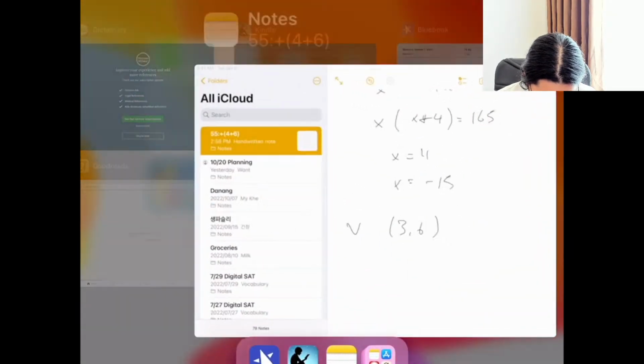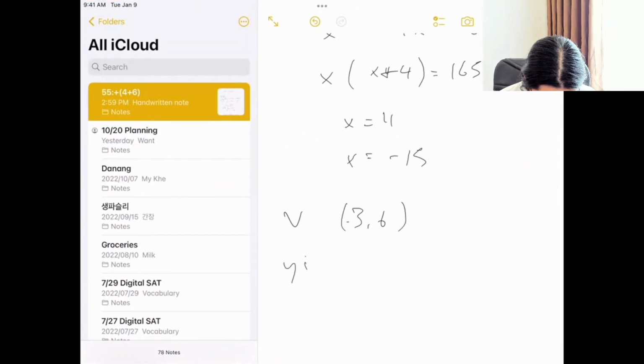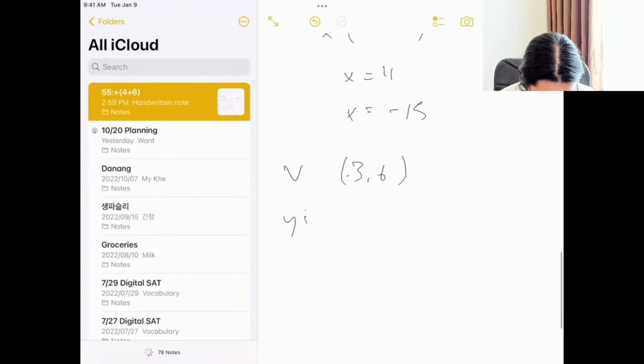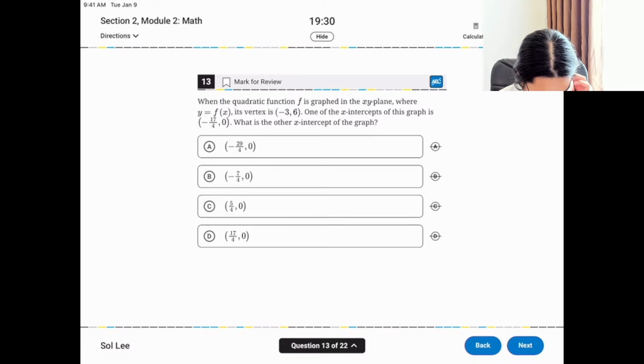And the y-intercept is (-17/4, 0). So okay, the other one has to be negative. It has to be on the other side of minus 3.